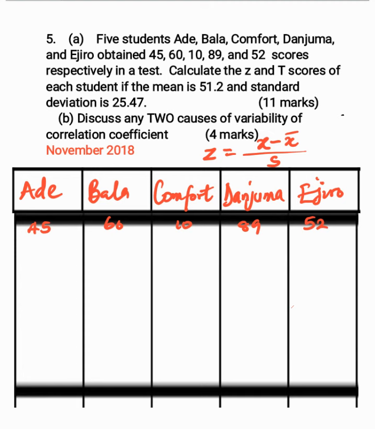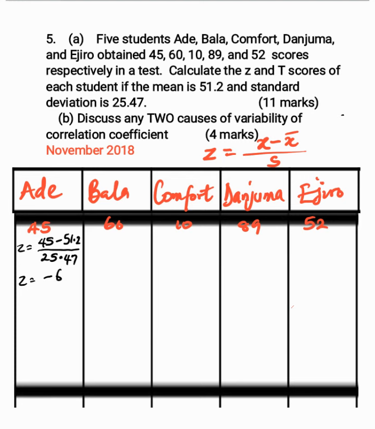All right, for Ade, we have a raw score of 45, so his z-score will be equal to 45 minus the mean, which is given as 51.2, and then we divide it by the standard deviation, which is 25.47.